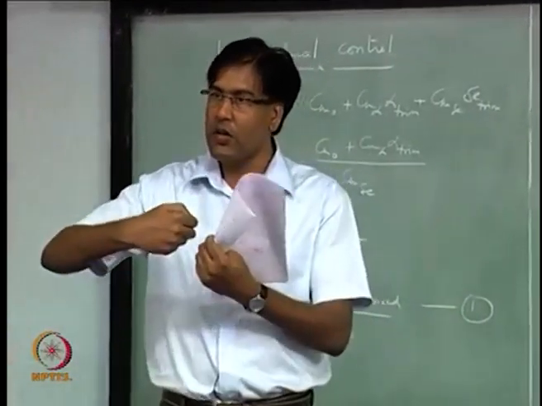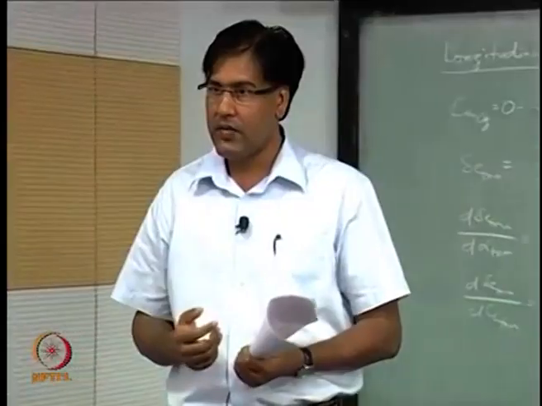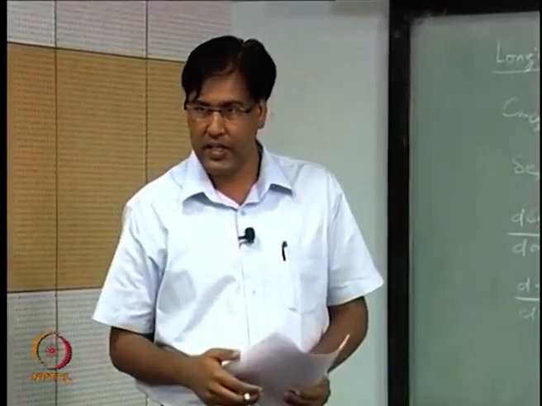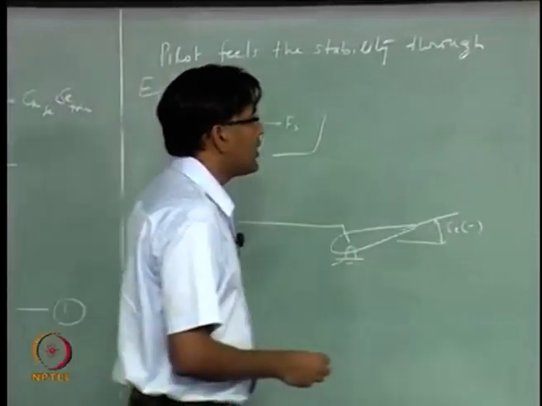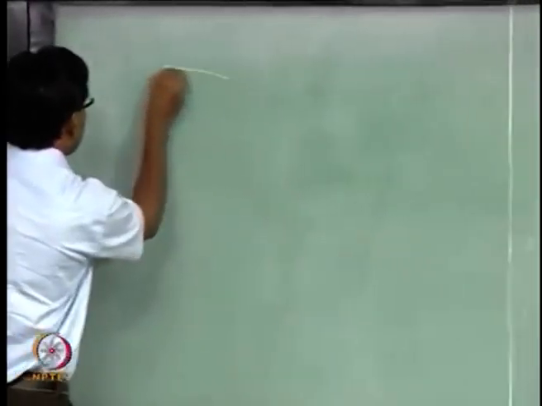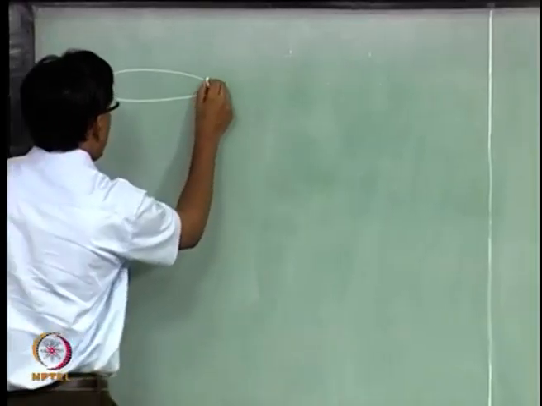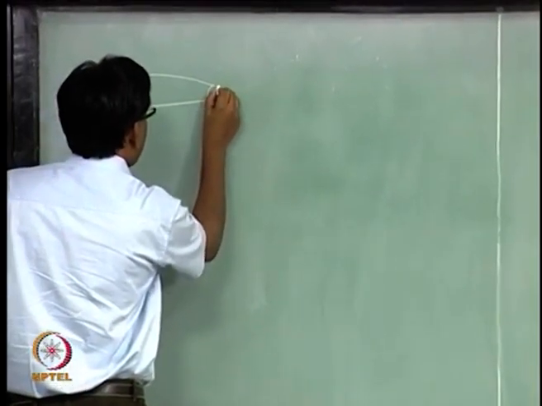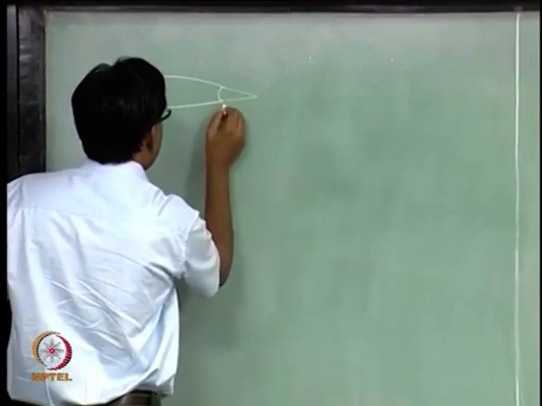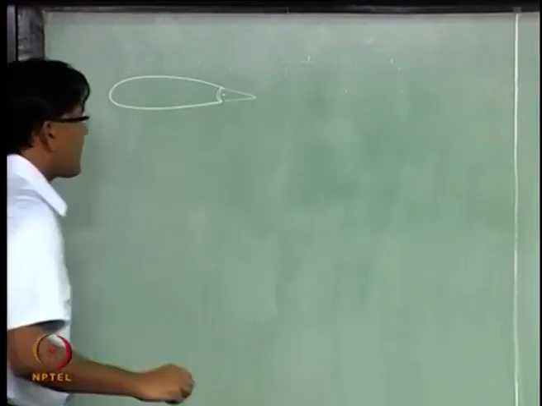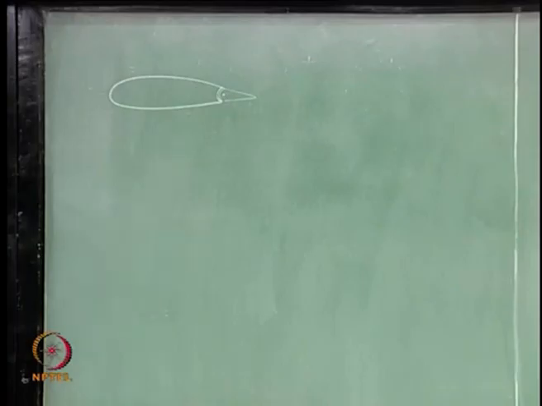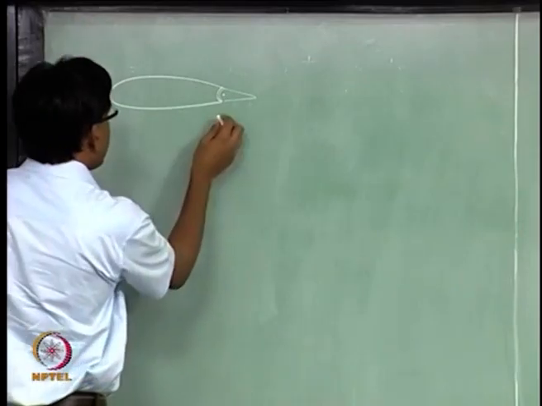Now, you want to overcome that force when you are trying to change the elevator deflection, right. So, this is your elevator hinged at this point, right, to the horizontal tail.